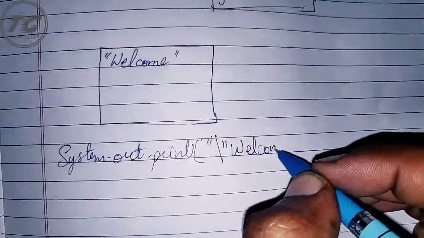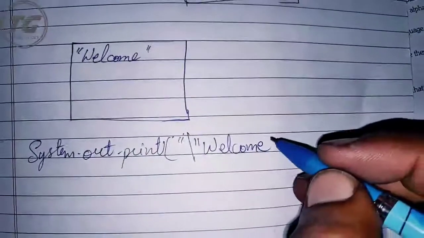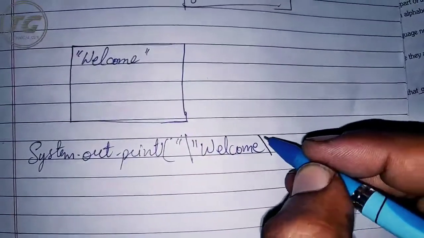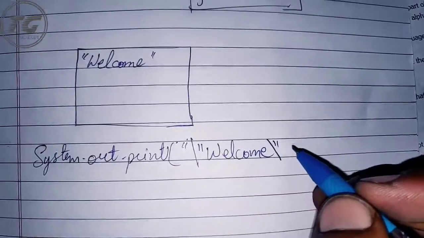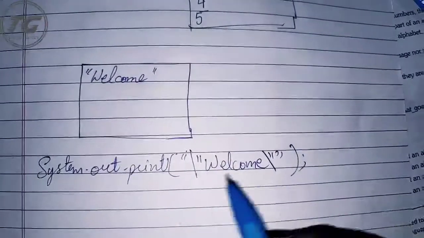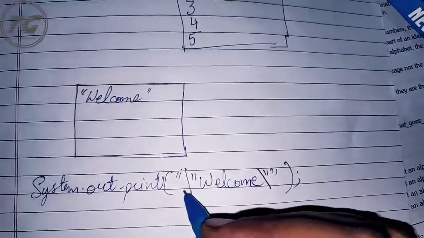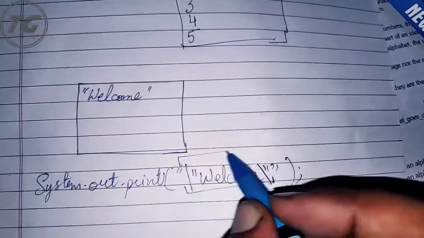Then you can write welcome, then again you want to print double quotes, so again you put backslash and double quotes. Now this backslash and double quotes means double quotes will be printed, and then this whole thing you enclose within double quotes and a semicolon.